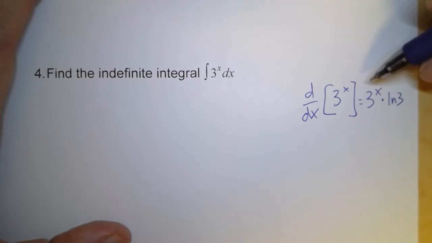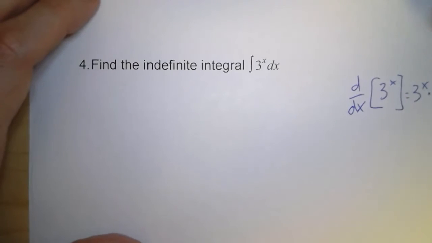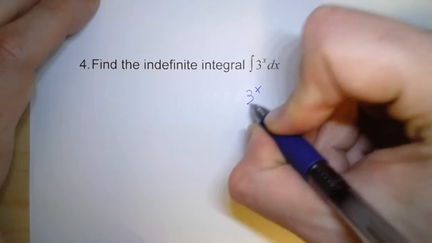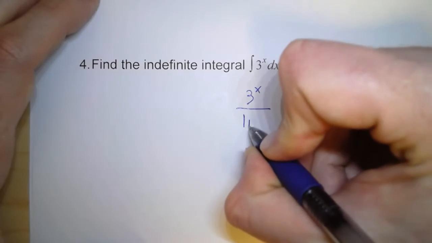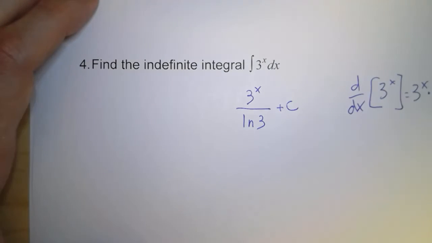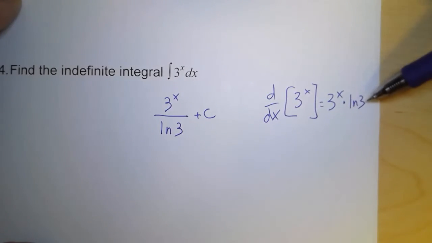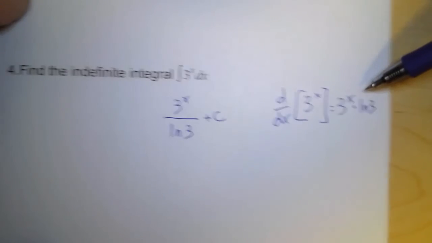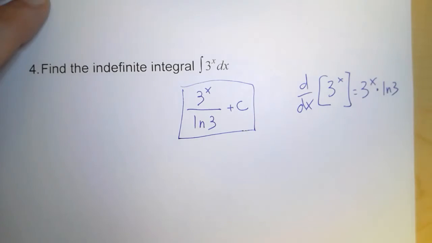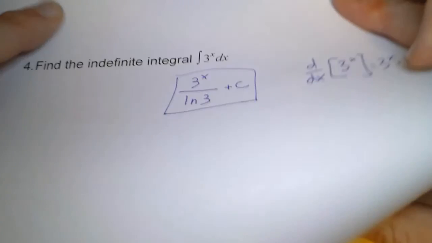So the antiderivative is going to involve keeping 3 to the x, but we're going to divide by ln of 3 plus c. Because if the derivative involves multiplying by ln of 3, then the antiderivative involves dividing by ln of 3.